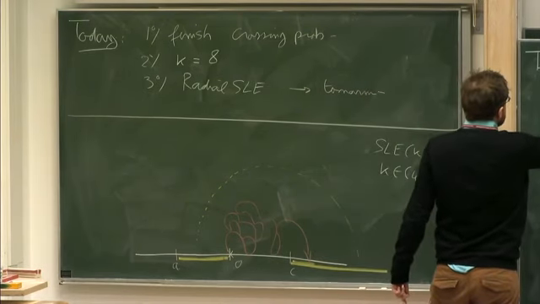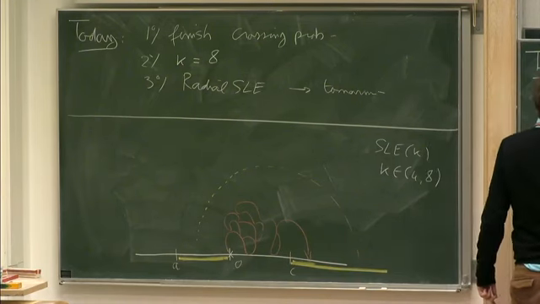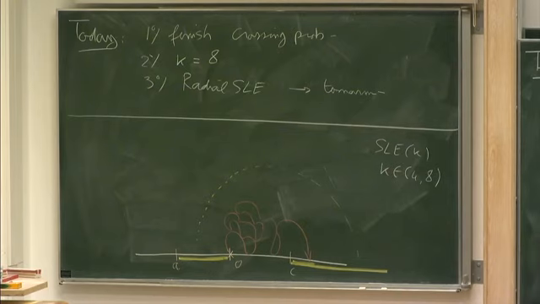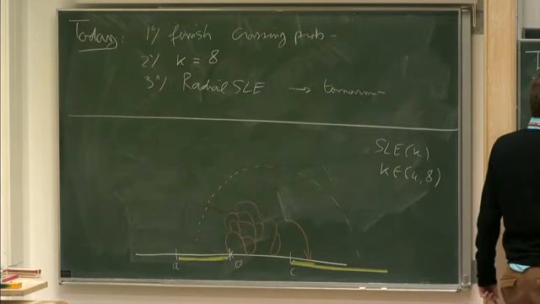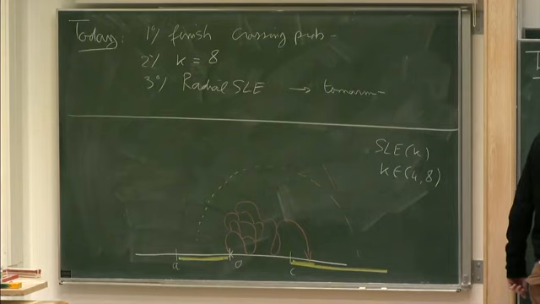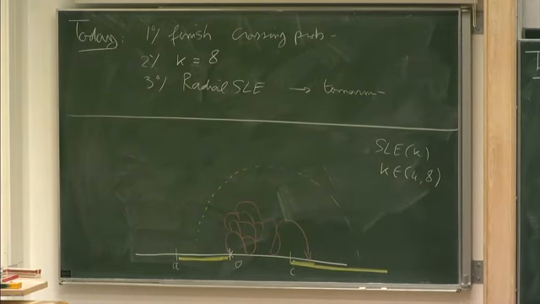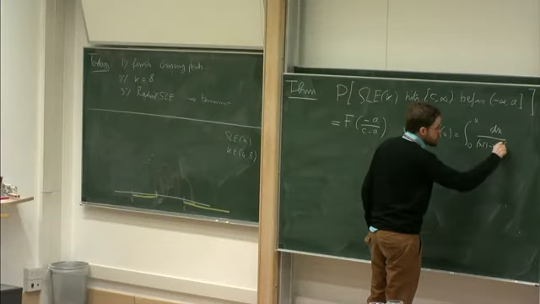So the theorem was this, that the probability that SLE kappa hits to the right of C before hitting to the left of A, so that this was exactly equal to some function of minus A over C minus A, where the f is explicit, so f of u is the integral from 0 to u of dx over x(1 minus x) to the power 4 over kappa.